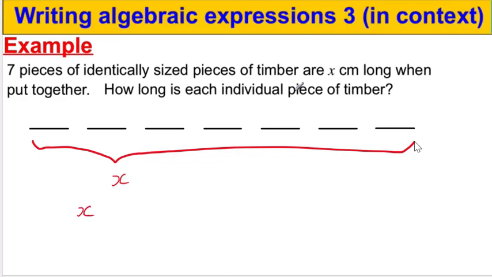So what we have to do, we have to write x first and then divide it by 7. It means we are dividing these pieces in 7 equal parts. So x divided by 7 is x over 7. And don't forget to write the unit. So one piece is equal to x over 7 centimeter.